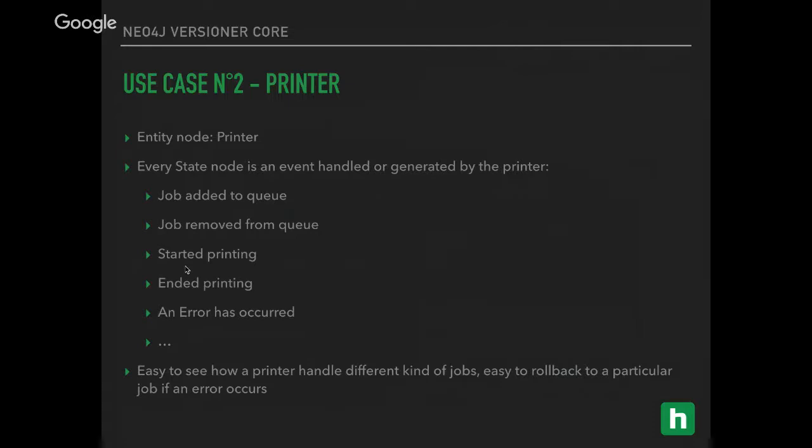And every state node is an event handled or generated by the printer. For example, I'm ready to print something, or a job has been added to the queue, a job has been removed, I'm starting to print something, I ended printing, I came up with an error. So basically, yes, we're storing everything, and we also do a rollback, so you can actually see what's happening under the hood.